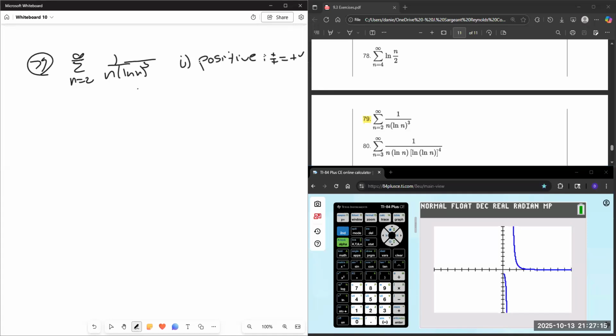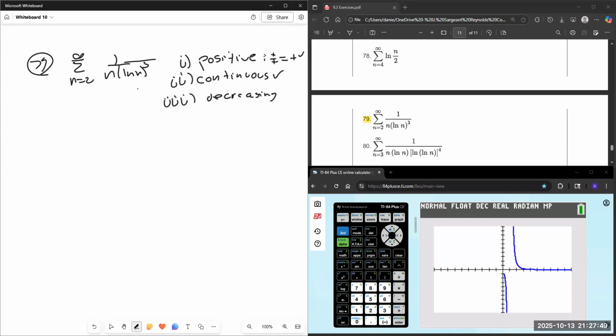Continuous, it's going to be discontinuous at 0 and at 1. So we're past all those places. So continuous for sure on that interval from 2 to infinity. And then decreasing, let's see what we can do to establish that this is decreasing on the interval from 2 to infinity, or do we need to pick another number for that?